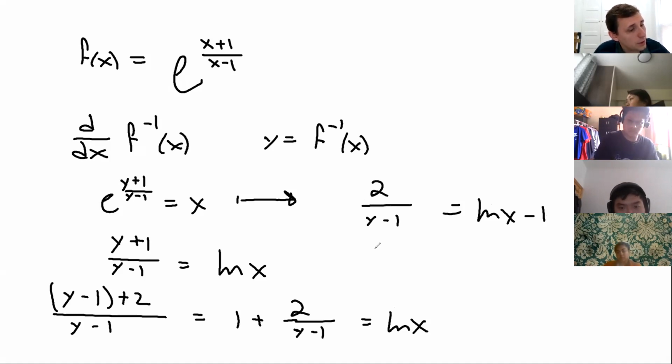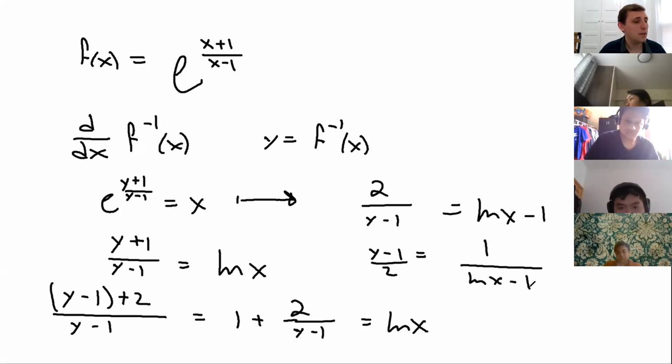So flip it over, that means y minus 1 over 2 is equal to 1 over ln x minus 1, which means that y is equal to 2 over ln x minus 1 plus 1. Yes? This is my formula for y.